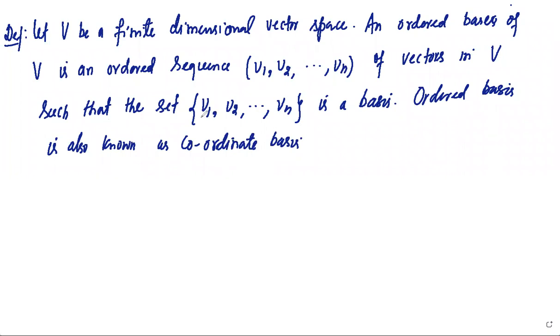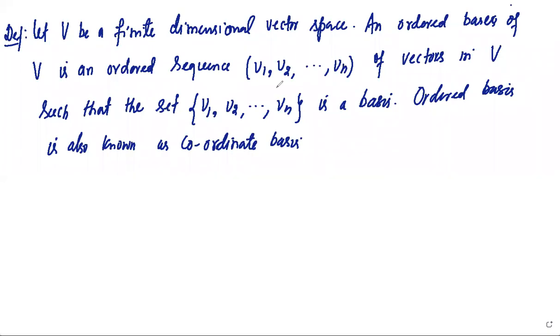So before I also told you the reason why we call some basis an ordered basis. It is just so that we can refer to the first basis vector, or we can refer to the second basis vector, and then we can call some vector a third basis vector and so on. Because usually a set is an unordered sequence of elements.